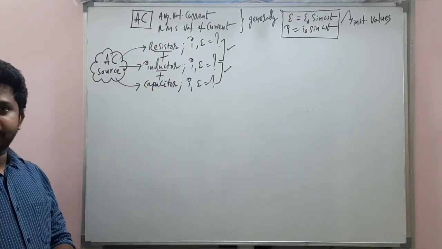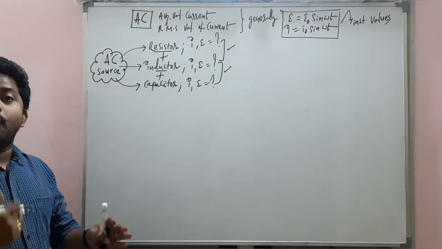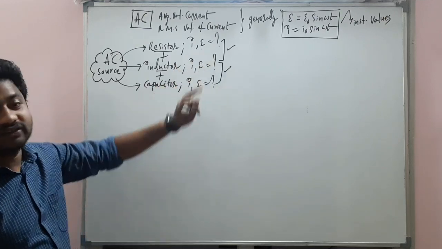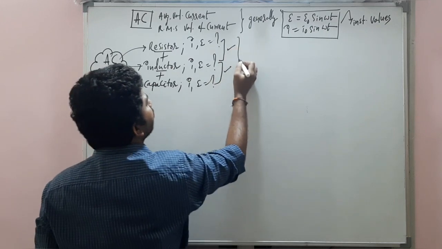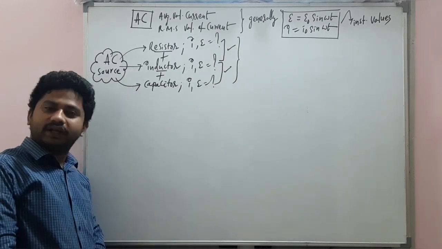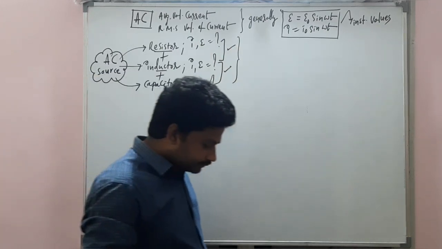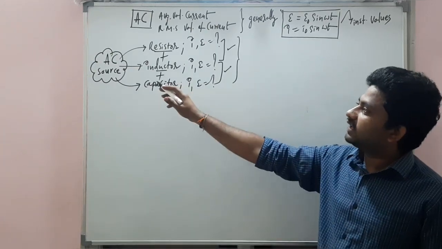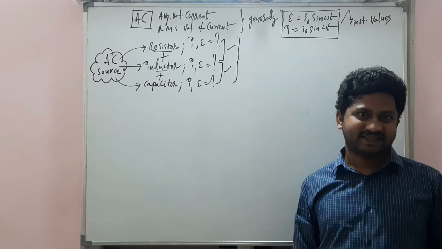What will happen to the instantaneous EMF and the current values? That's our topic of interest. Alright, clear? Now let's begin the concept with when the AC source is connected to the resistor.